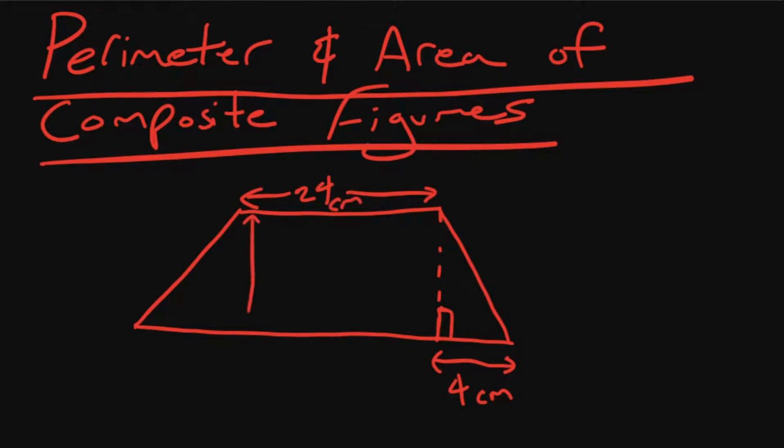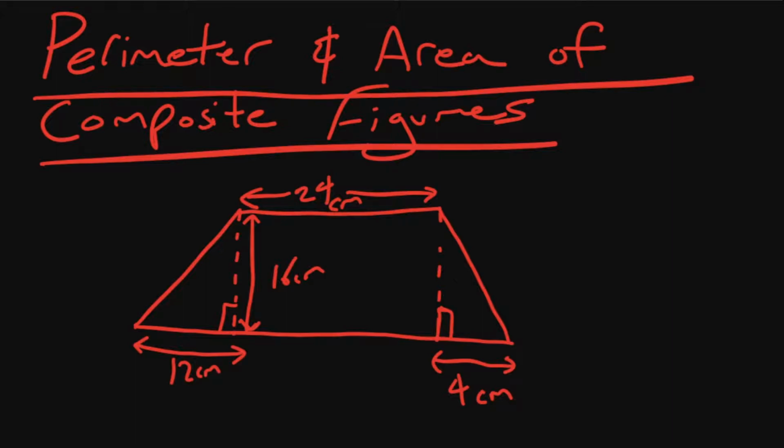Let's say that the height here is 16 centimeters, and then let's say that this is also a right angle triangle, 90 degrees, and the distance from here to there is 12 centimeters.